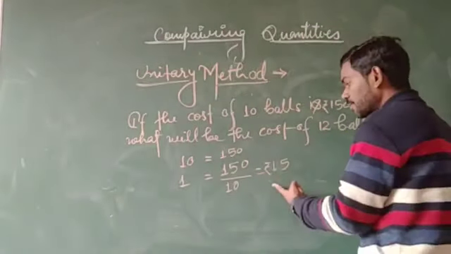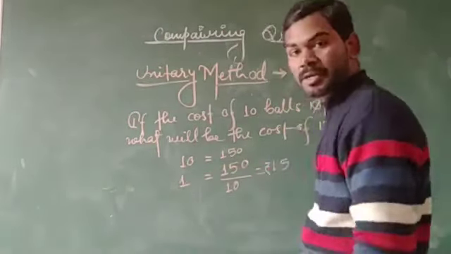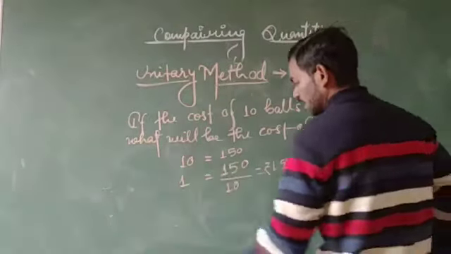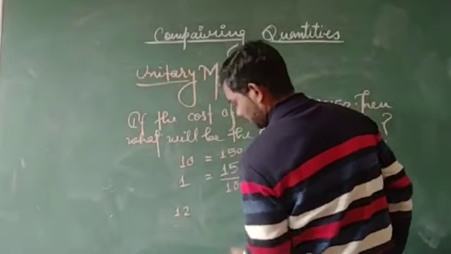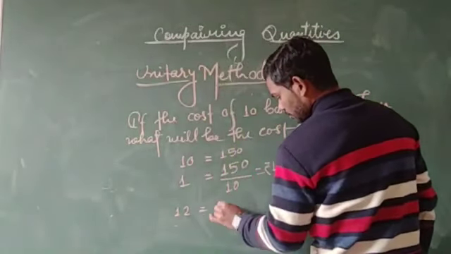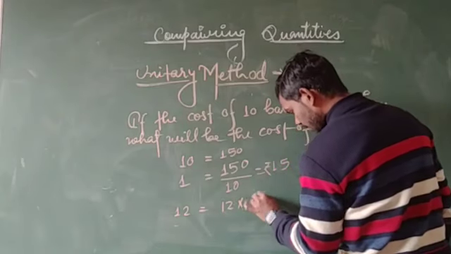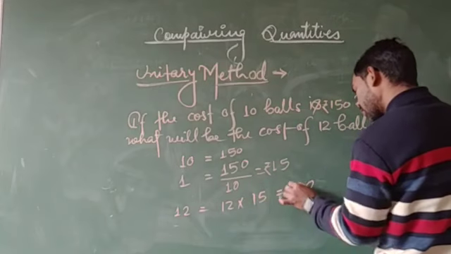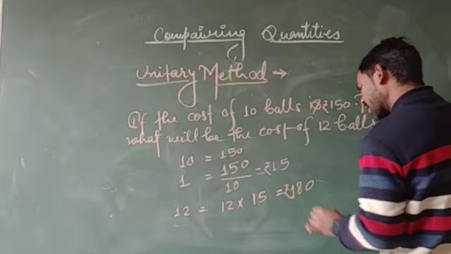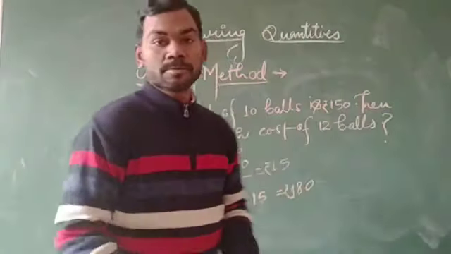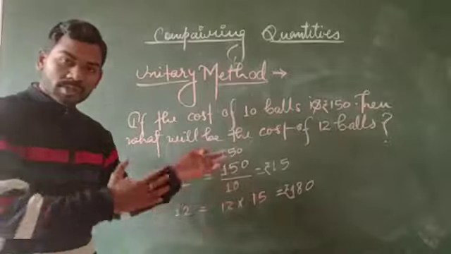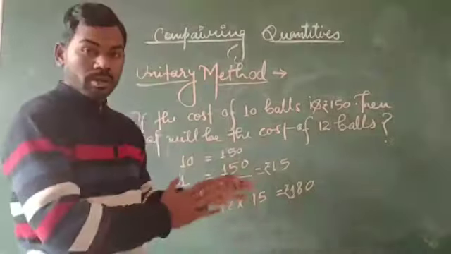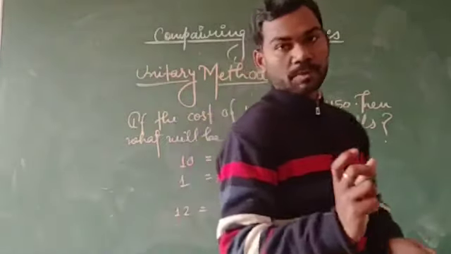Now if we multiply 15 by the desired number of articles, we get the cost of that many articles. So the cost of 12 balls will equal 12 into 15. When we multiply, 12 times 5 is 60 and 12 times 1 is 12, therefore 180 is the cost of 12 balls. So this is the concept of the unitary method.